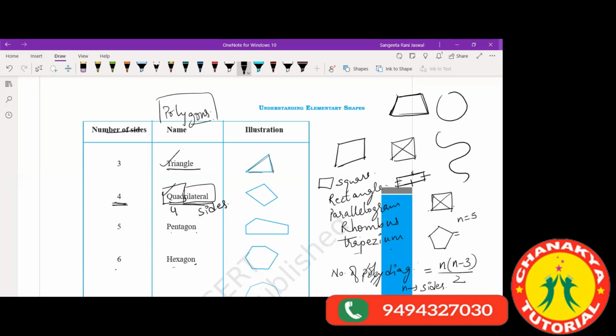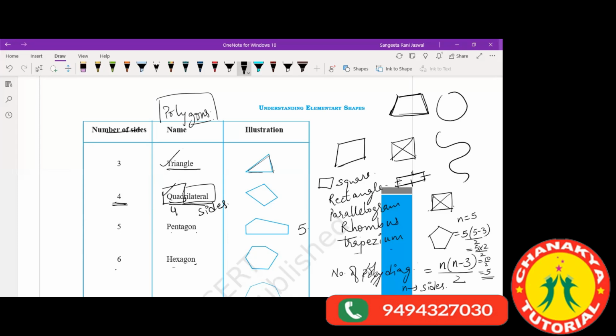In this formula, you put the value of n: 5 into 5 minus 3 by 2. 5 minus 3 is 2, so 5 into 2 is 10 by 2, which is equal to 5. So in a pentagon, the number of diagonals is 5.